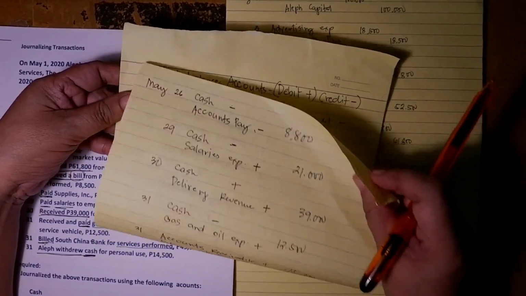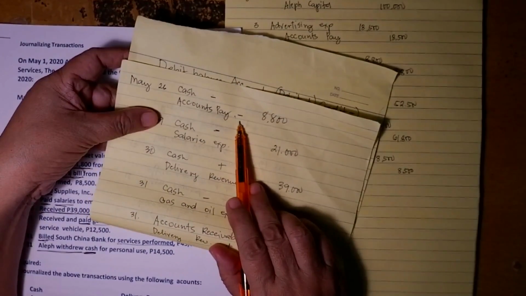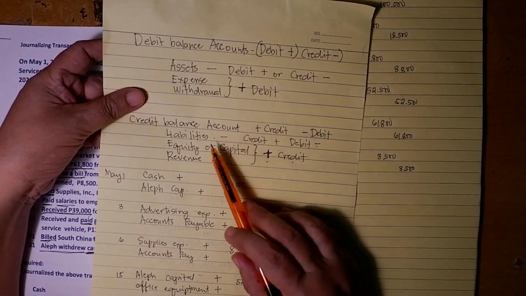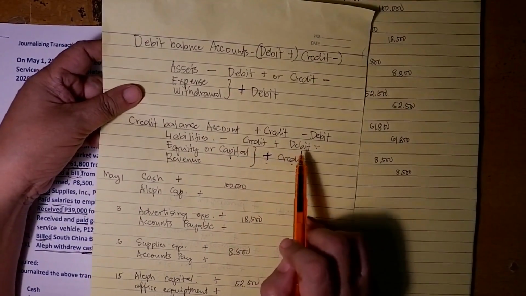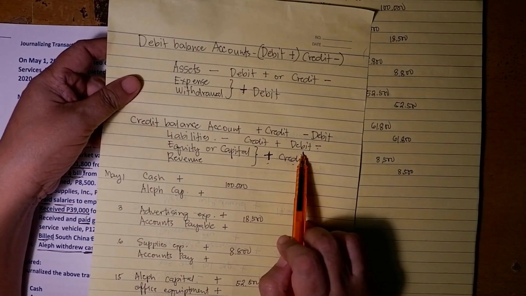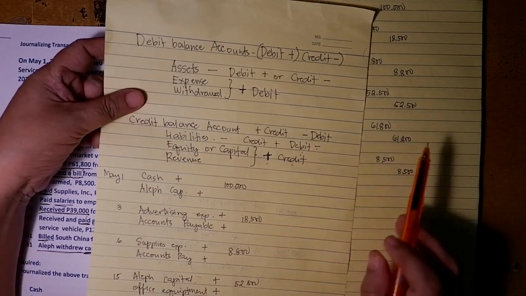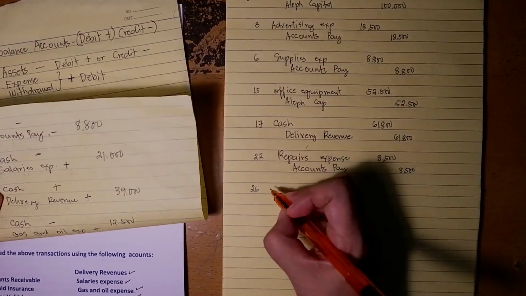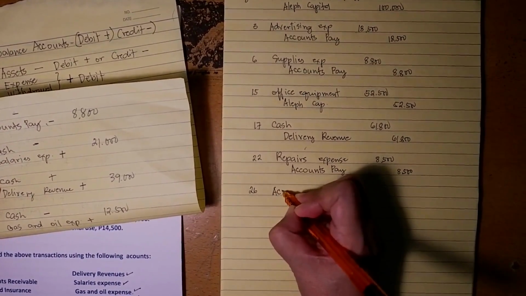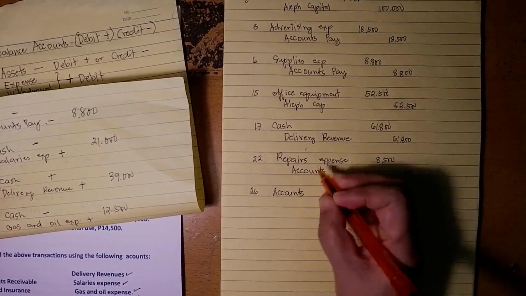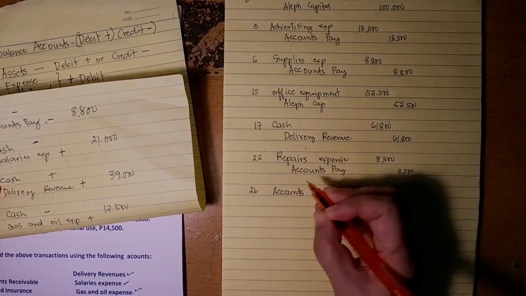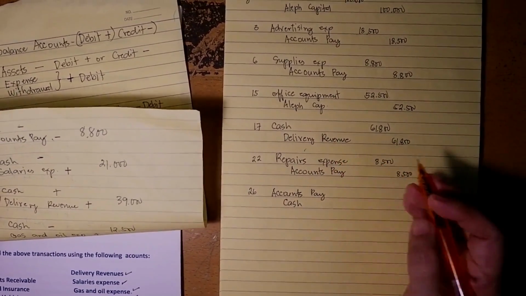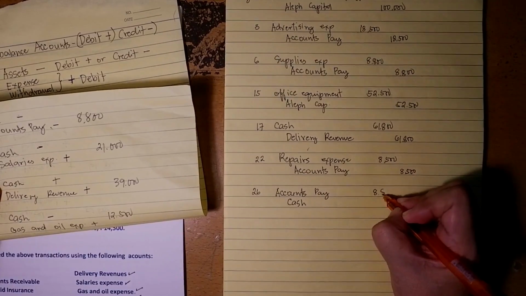And we have accounts payable minus, that is a liability. Minus liability is debit liability. Okay? So it means it is debit accounts payable and credit cash because it is minus cash, 8,800.